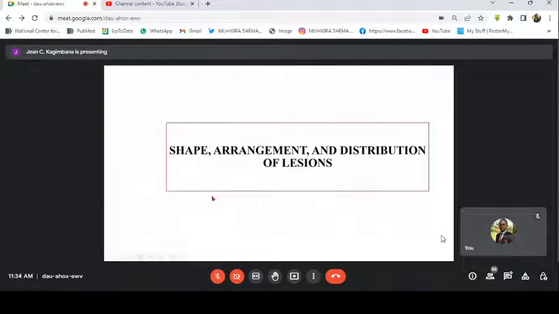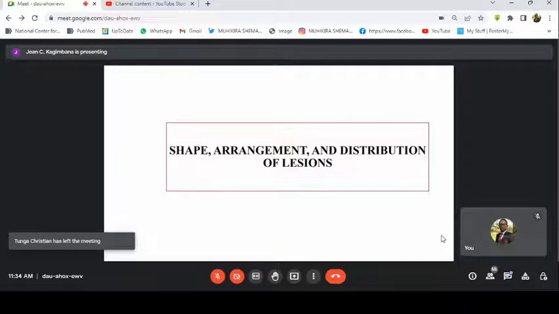Now, from depressed regions and vascular regions, we go to the shape, arrangement, or distribution of lesions. You have characterized the lesion in its primary form, how it looks.